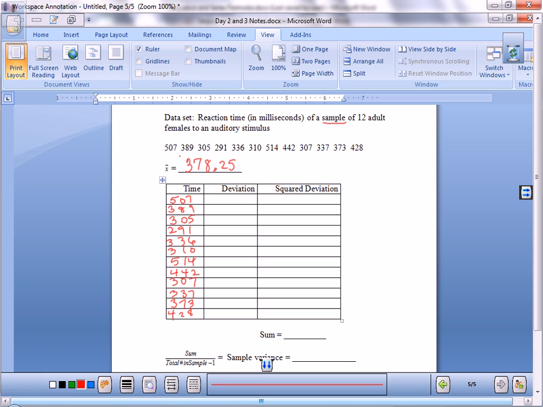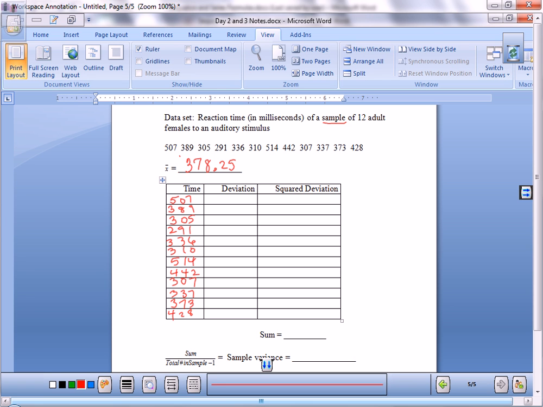Since we're in formula now, if we hit the data button one more time, do you see it gives us choices for L1, L2, L3? So select L1 and then do minus 378.25. And enter. And it does it for us.